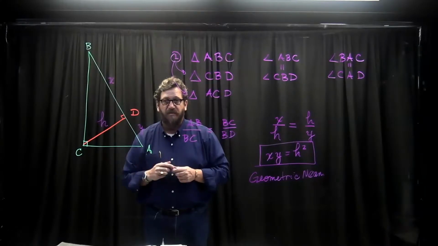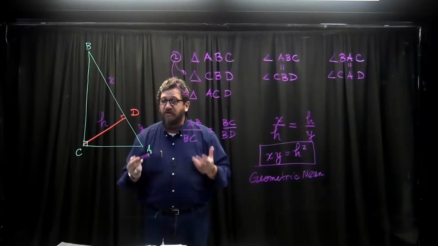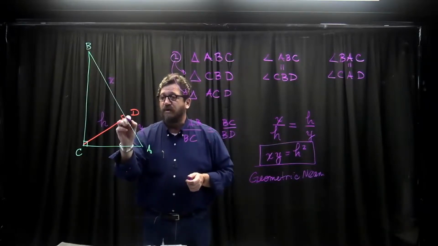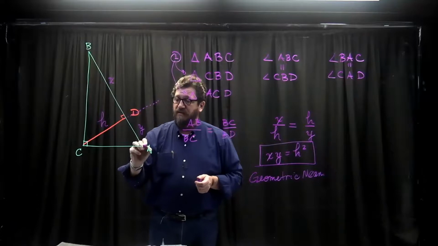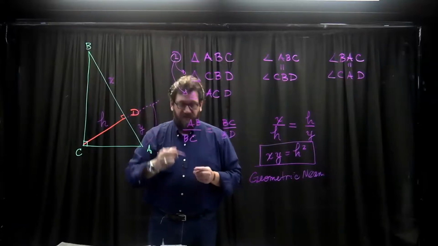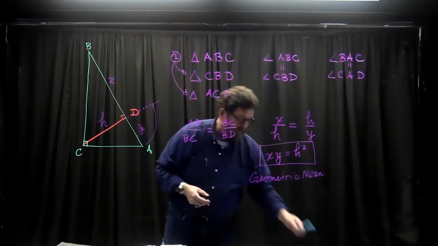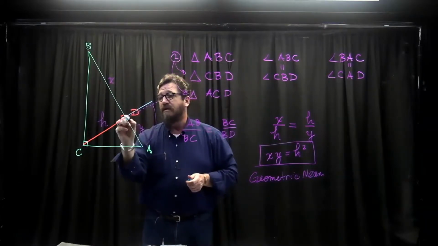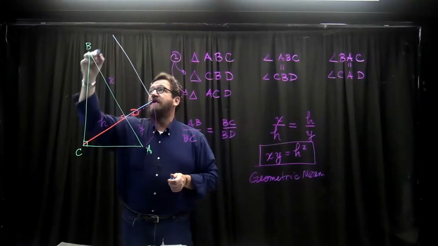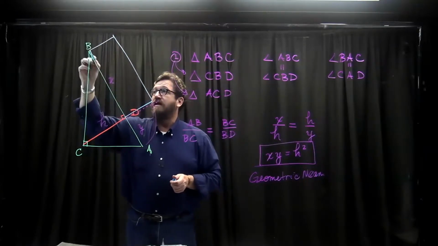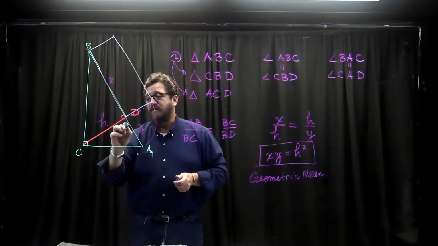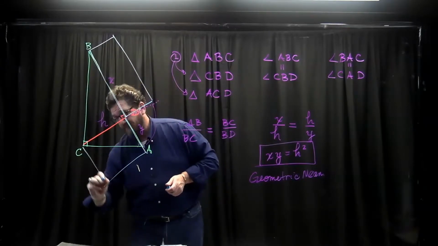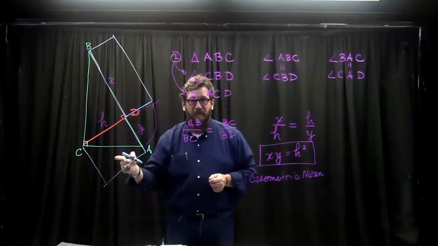This little problem right here is interesting because remember, for the Greeks, they didn't really think of X times Y. They would swing Y around this distance, and they would talk about this rectangle right here is equal to this square.